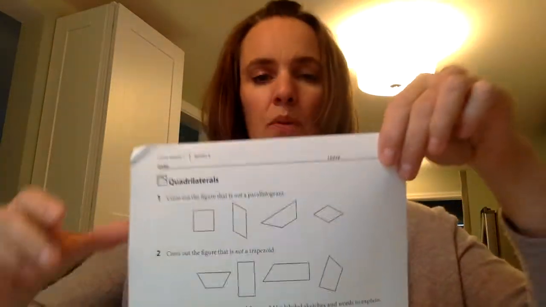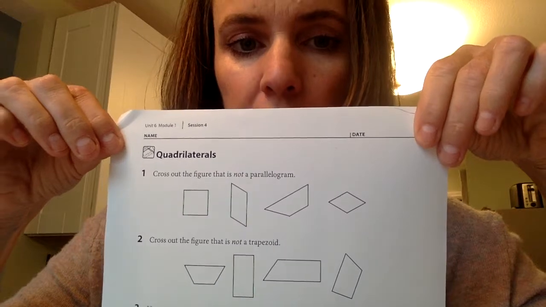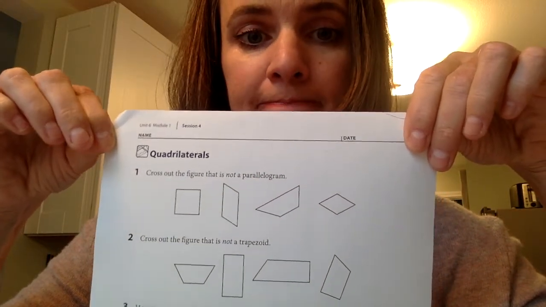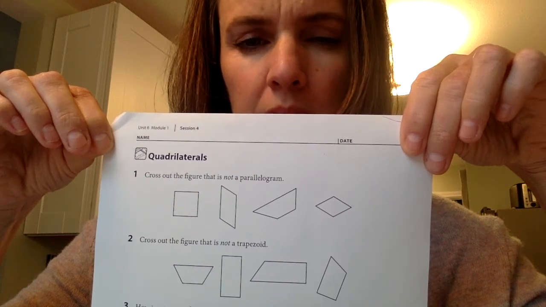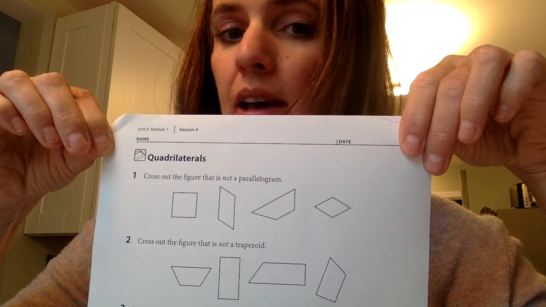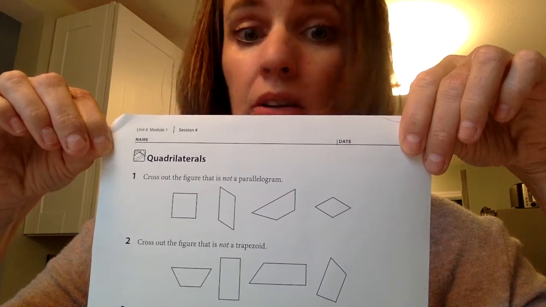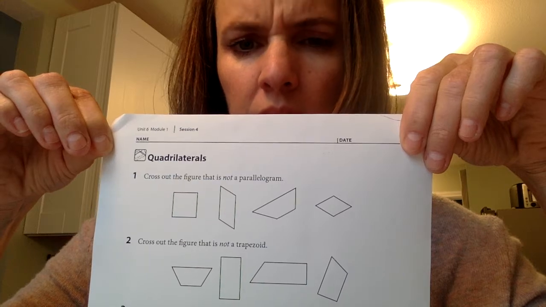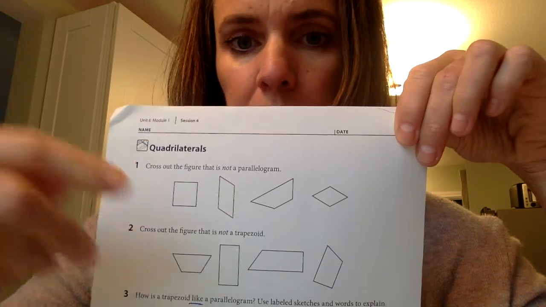So let's look at the square. If those lines kept going forever and ever like railroad tracks, would they ever run into each other? Nope. What about the next one? Nope, that quadrilateral is also a parallelogram because those sides would never cross each other. Let's look at the next one, the trapezoid.